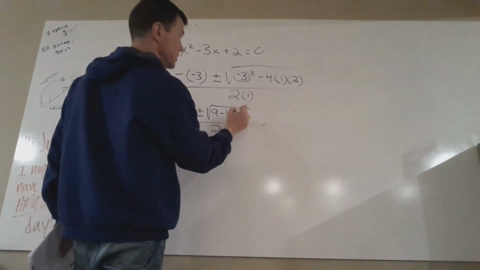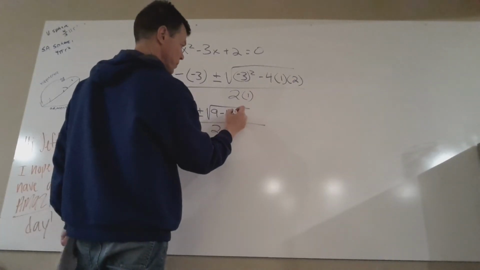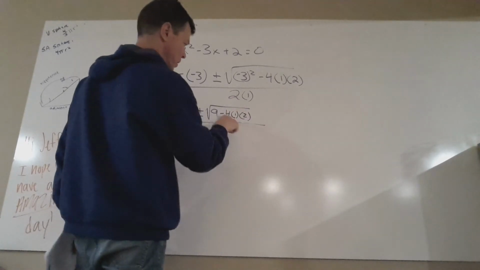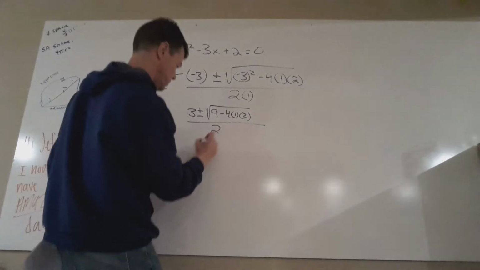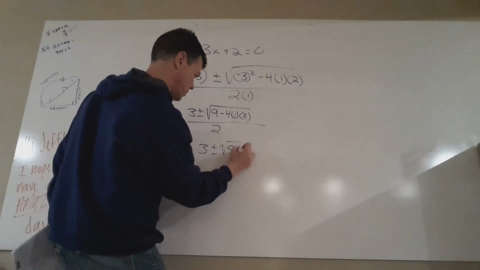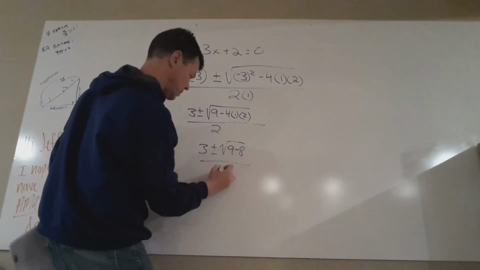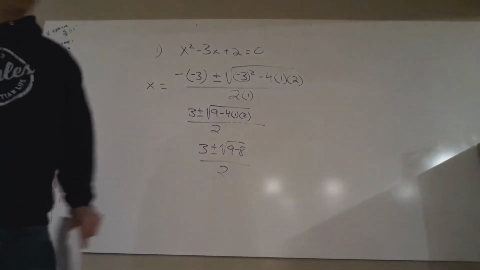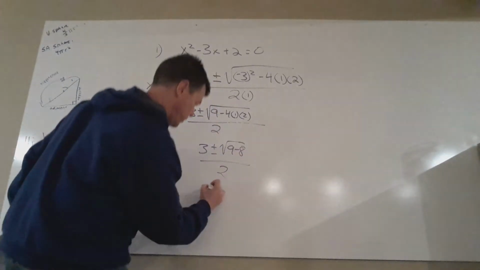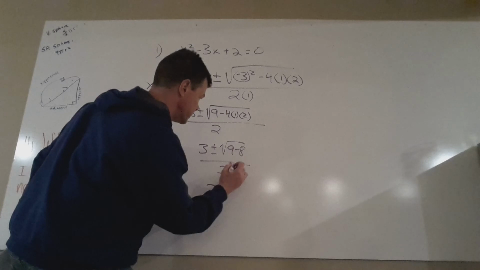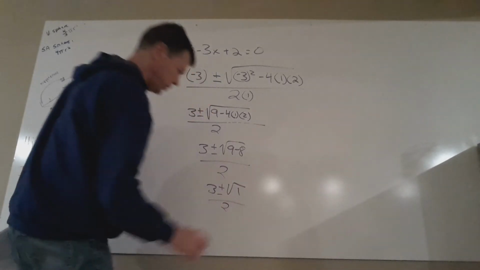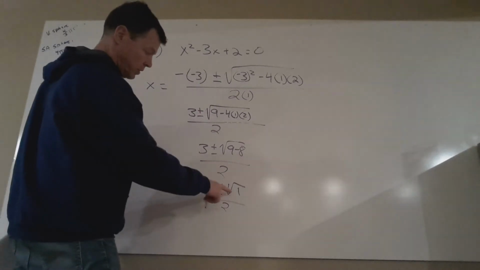So 9 minus 8, which is 1. We have 3 plus or minus the square root of 1, all over 2. And the square root of 1 is 1.